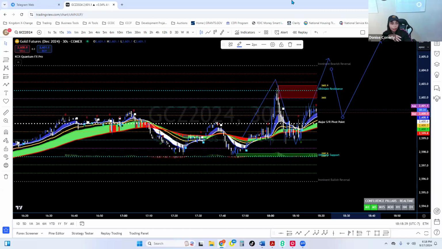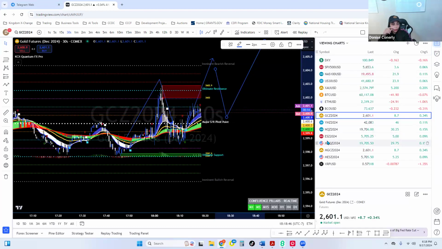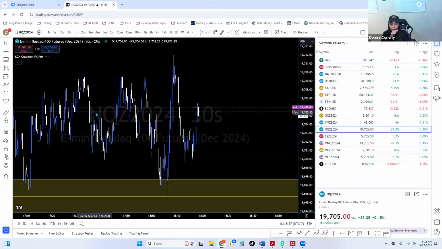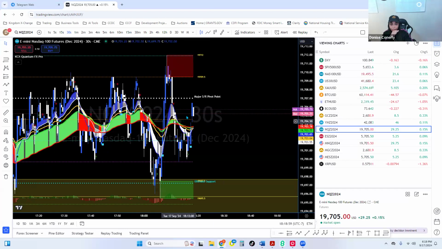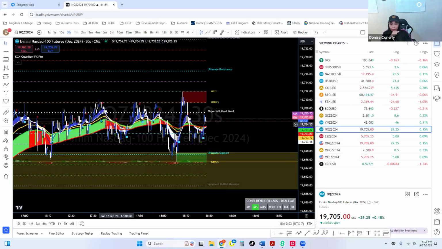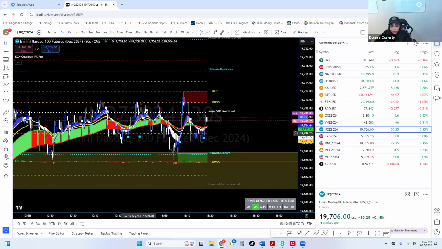I'm going to save this one, and then I'm going to see if anything else is doing anything. Yeah, it's all kind of doing the same thing. See what I'm saying? How you can always tell that it's ranging is because the trend clouds will look like they're going sideways.